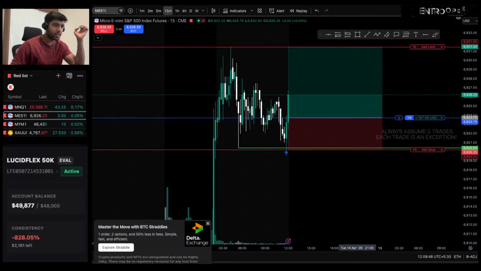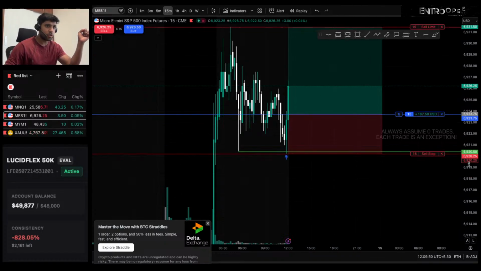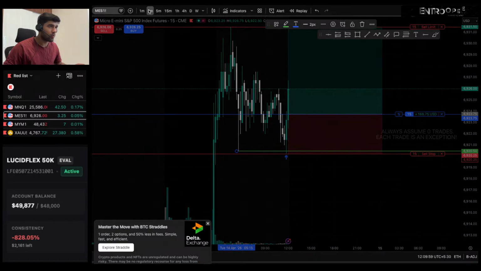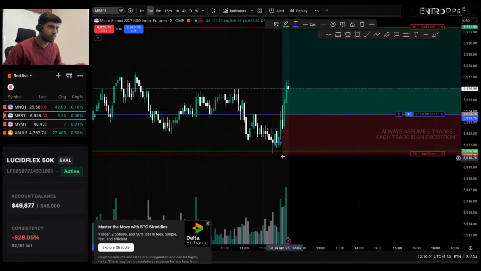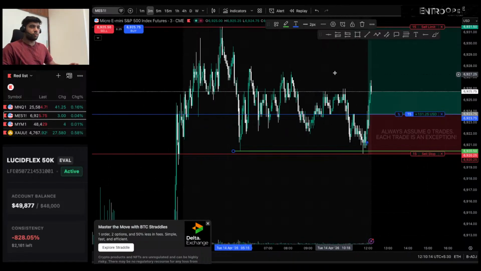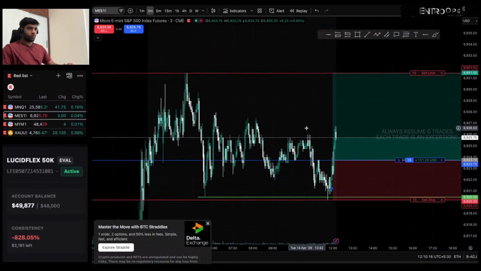If you see the green colored line that I've drawn here, that was the previous low on the 15-minute chart, and it took out that low here, and I looked at how price reacted there, and it was a clear bullish momentum on the 3 minutes. You could see that there was this volume imbalance also. So I entered the trade based on that move from here. Now the expectation is for price to tap this area. We'll wait and see if that happens.